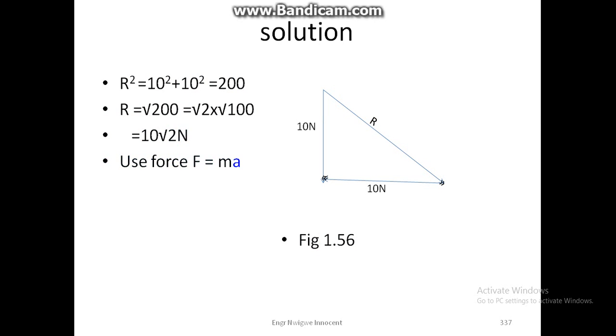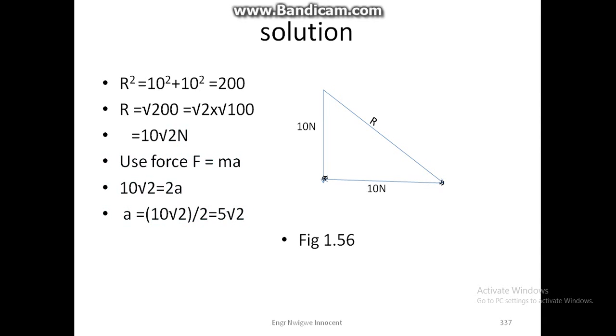Using the force formula, F equals ma, we have already gotten the resultant force, which is 10 square root of 2 is equal to 2, that is the mass of the body, times acceleration. Since we are looking for the magnitude of the acceleration, we make the acceleration the subject of the formula, which is a.